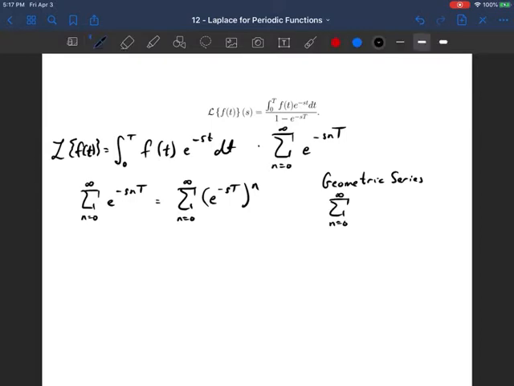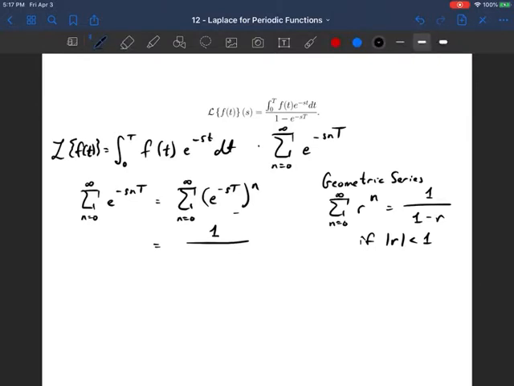And so our geometric series formula says that the sum from n equals 0 to infinity of r to the n is equal to 1 over 1 minus r if the absolute value of r is less than 1. And our r here, this exponential, is less than 1 because it's a negative power. s is greater than 0, t is greater than 0, so e to a negative power.